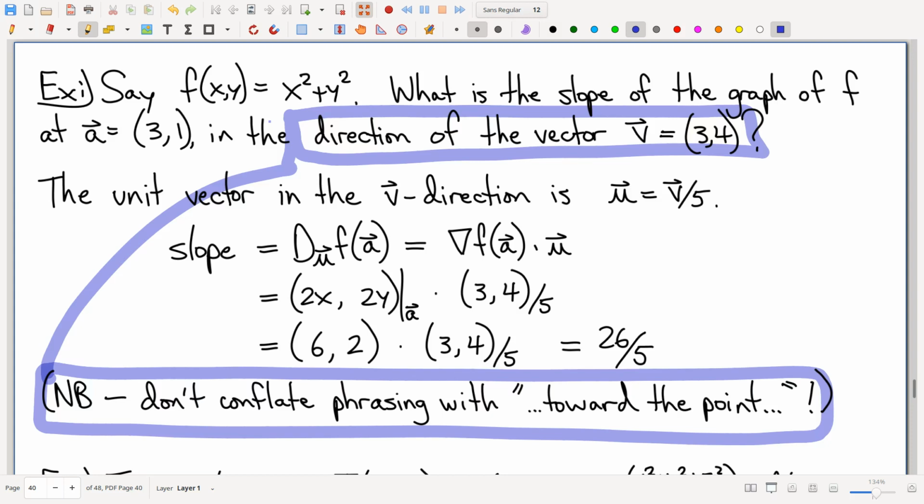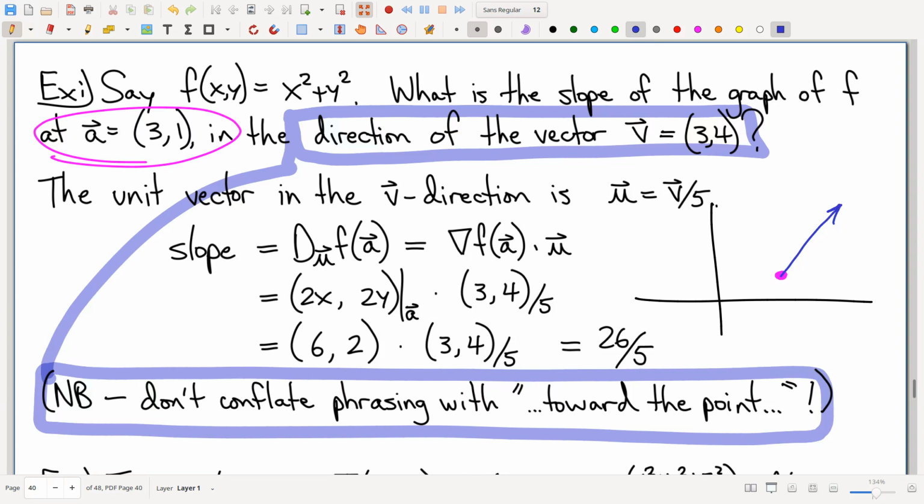So here's the nasty landmine that some students will step on. Say I find myself at the point 3, 1. There's 3, 1, and 3, 4 is my vector, and that's what I should be thinking of. That's the vector. Here's the unit version of that vector.